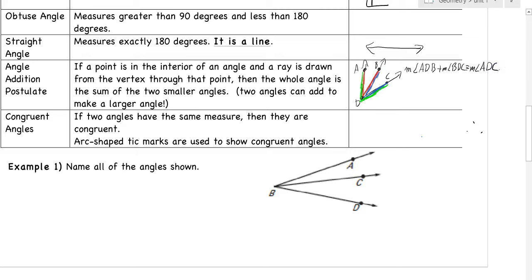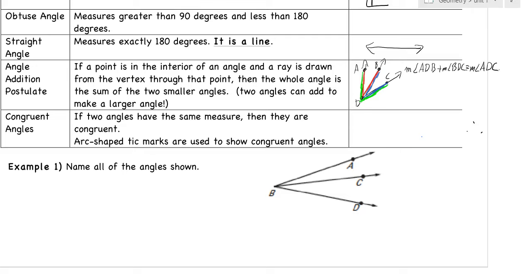So any point on the interior of an angle can have a ray drawn through it from the vertex, which then chops it up into 2 angles. ADB, I highlighted in red there, is 1 angle. BDC in blue is a 2nd angle. And the whole angle that we started with, ADC, I highlighted in green. So the 2 smaller measures add up to the larger measure.